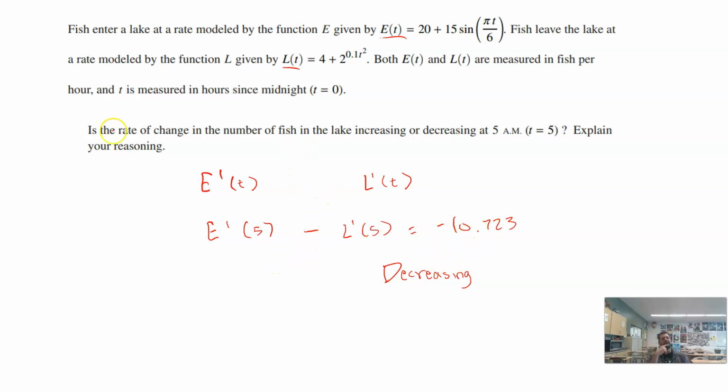The tricky part here is knowing that it's talking about the rate of change increasing or decreasing, so I can't say whether or not the fish in the lake are increasing or decreasing, it's that the rate is doing that. That's why we had to take the derivative, because the derivative tells us whether something is increasing or decreasing. Overall, I thought this was a pretty straightforward problem. It's a good one to get a feel for accumulation, and hopefully all of that made sense.